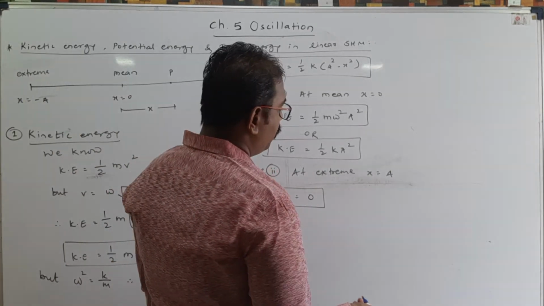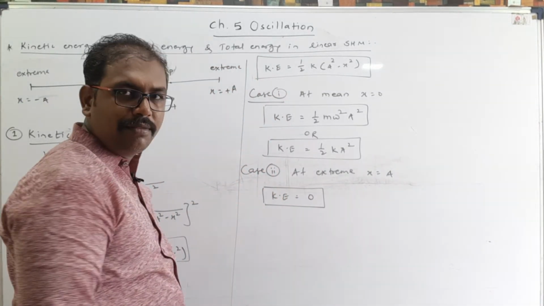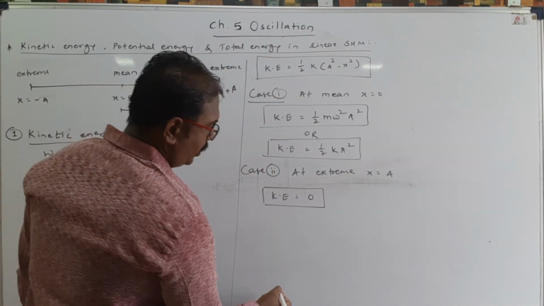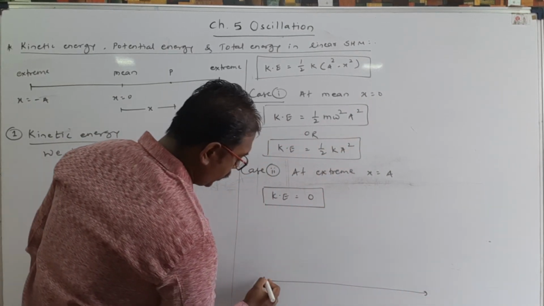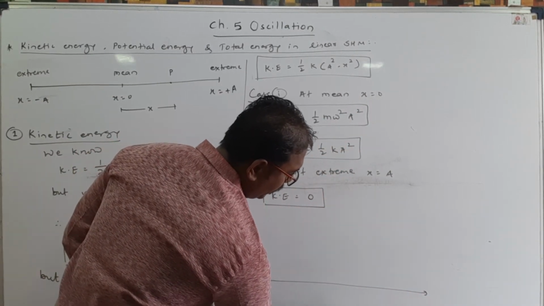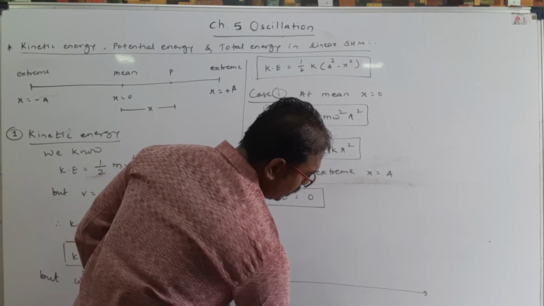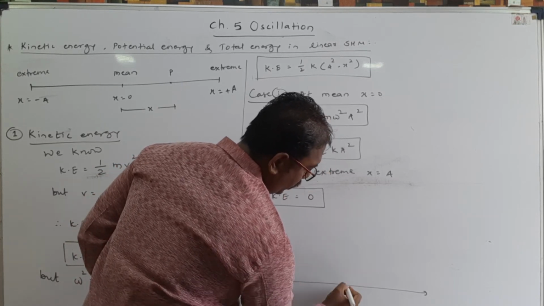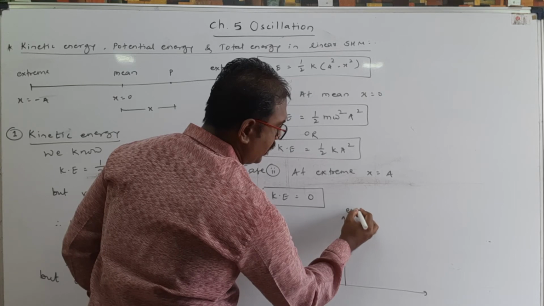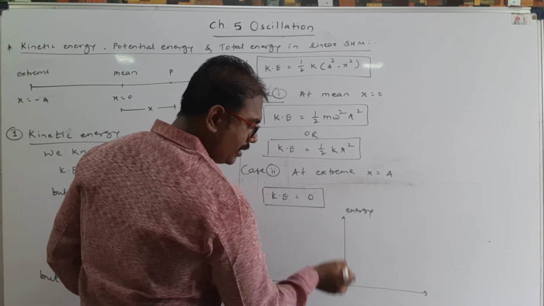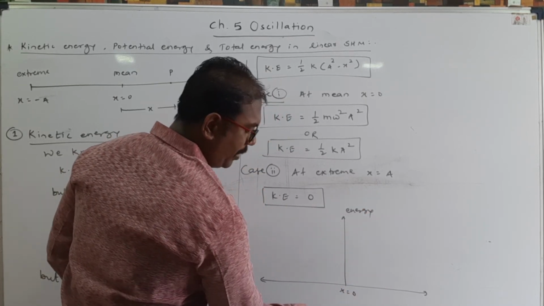Or if you want to plot a graph of kinetic energy, then we can plot it here also. So this is the displacement axis, and this is the energy axis. Okay, this is the energy axis. Here this is the mean position.